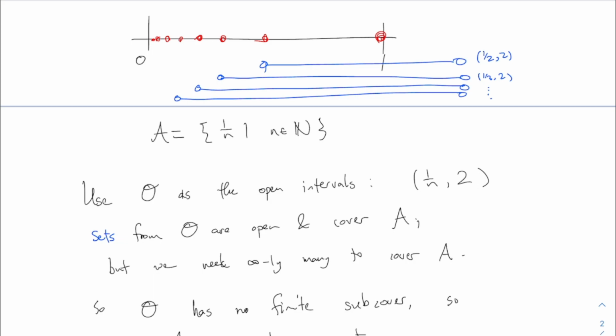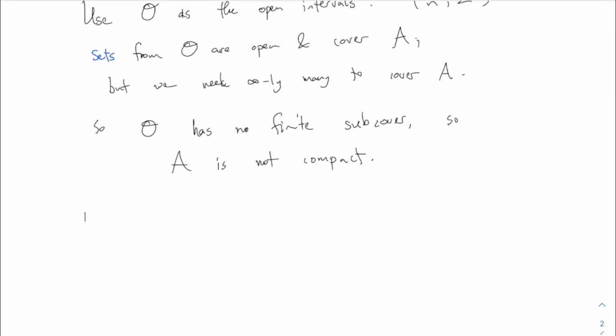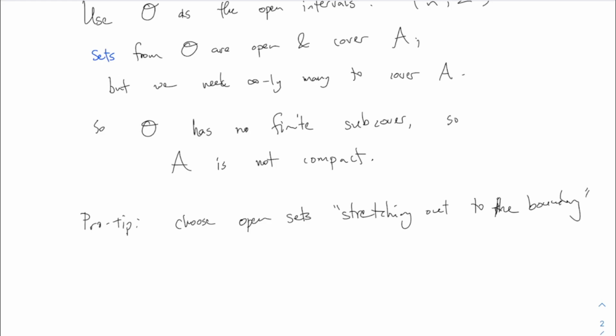So this is a very vague bit of advice, but here's my pro tip: choose open sets that are somehow stretching out to the boundary or something like that. Choose open sets which gradually approach the edge or the boundary.